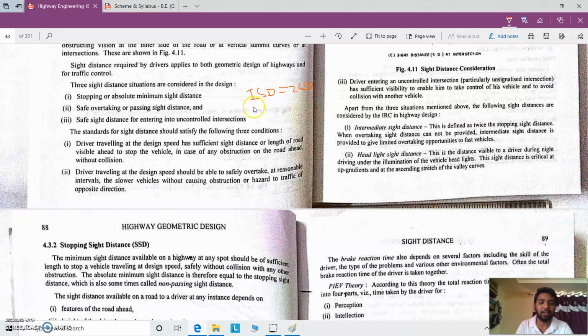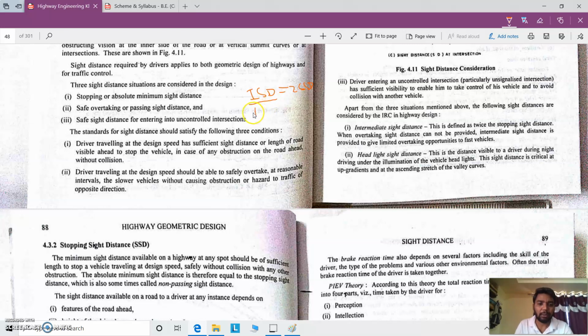That is the main intention of considering the intermediate sight distance. Whenever you are asked to calculate intermediate sight distance, you first calculate stopping sight distance and then multiply that value by 2. That means twice the stopping sight distance. That will give the intermediate sight distance of the vehicle, right?